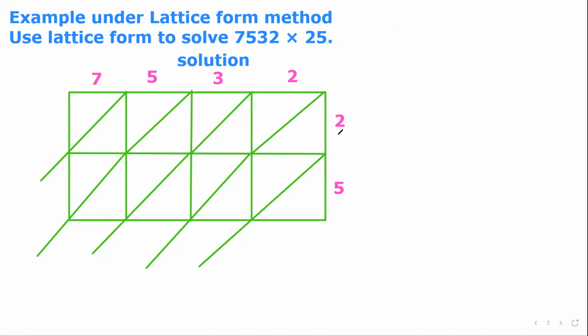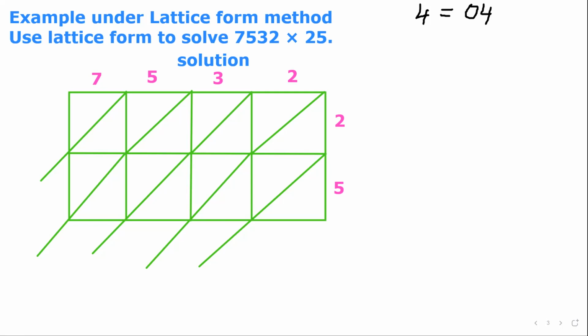So now you first take the 2 here to multiply these two. Because you are using the lattice method, you take them one after the other. The 2 times 2 here is 4. 4 can also be written as 04 because 04 is the same as 4. Any number that begins with 0 is the same as that number.